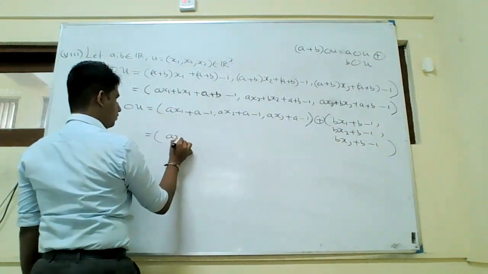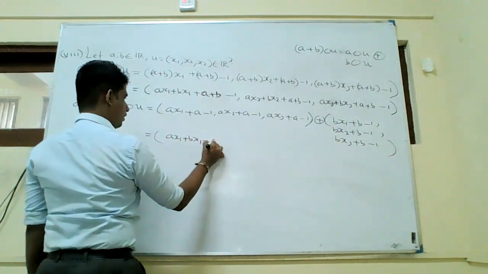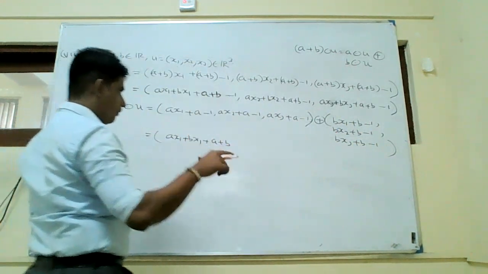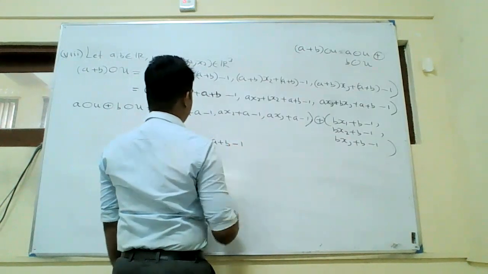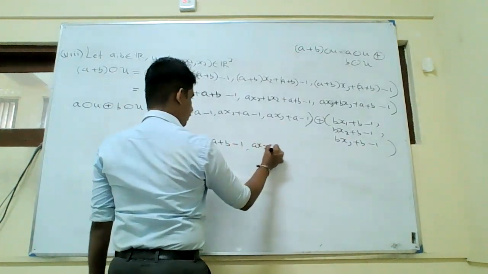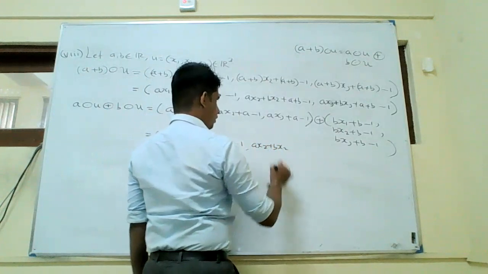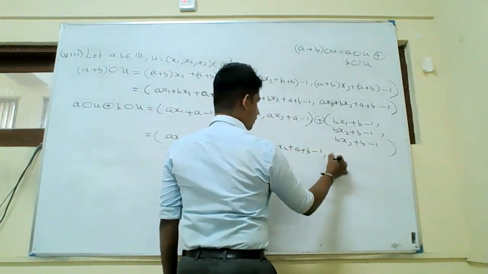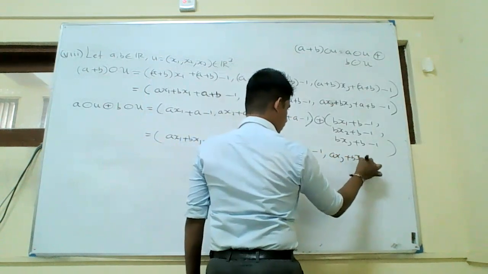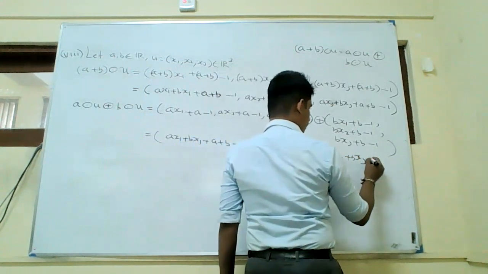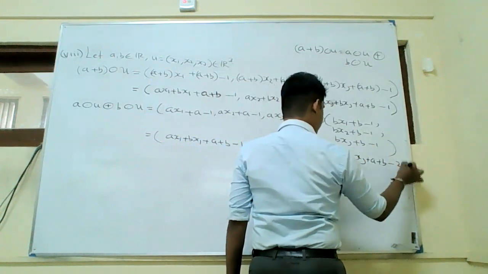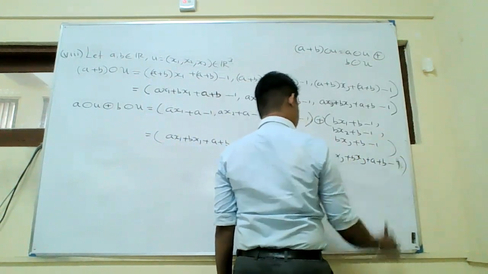Then you get ax1, bx1, a plus b, minus 2, add 1, then get minus 1. ax2, bx2, minus 2, add 1, a plus b also there, minus 1. ax3, bx3, add a plus b, then we get a plus b minus 2 plus 1 minus 1.